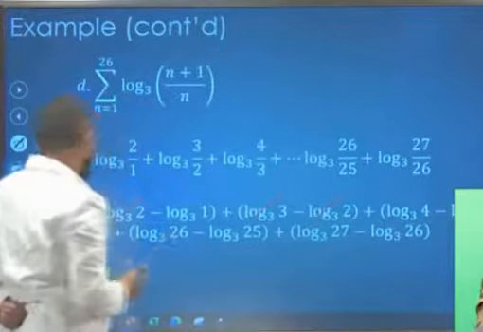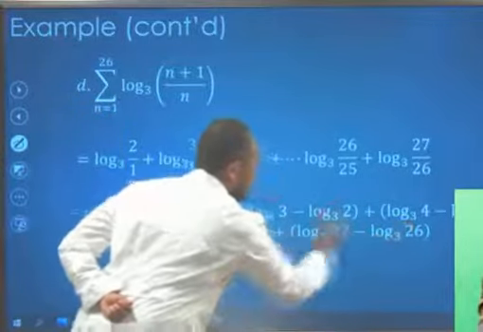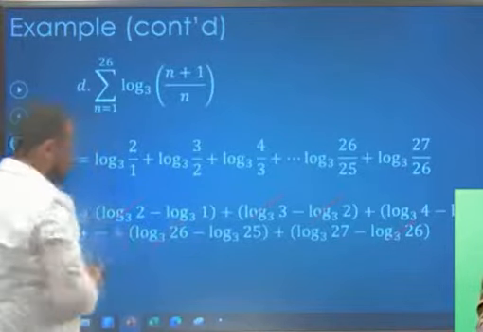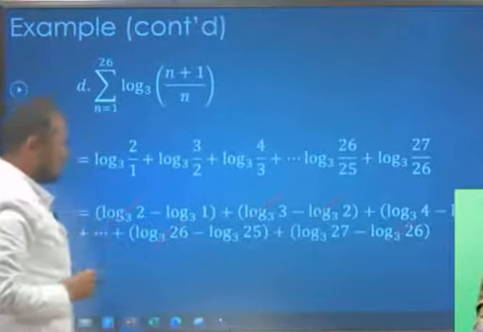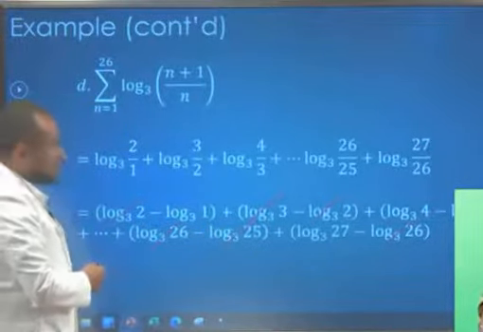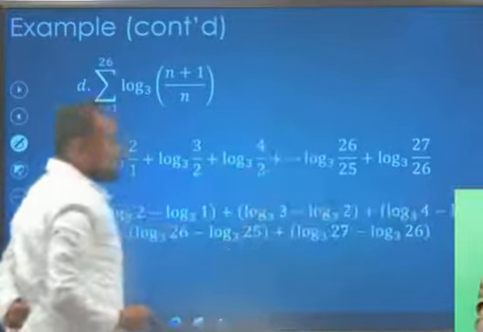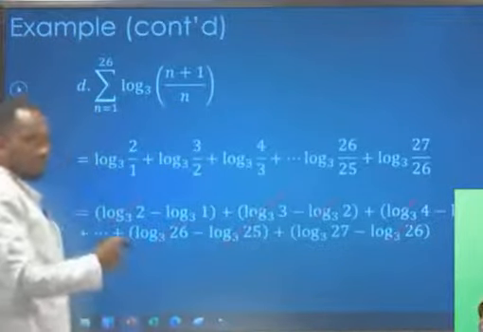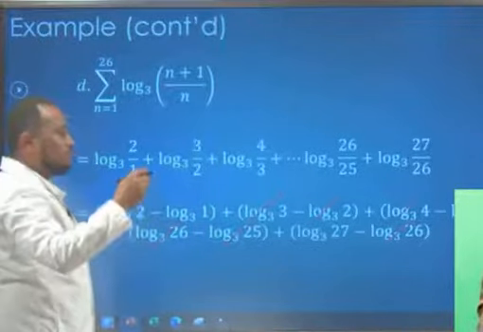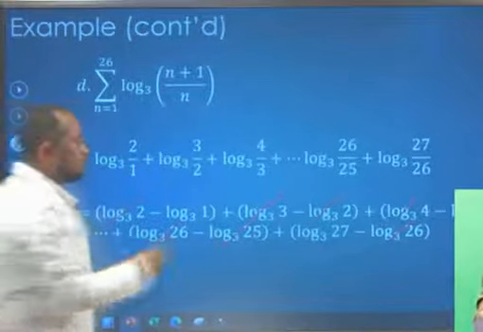If you just continue like this, the logarithm of 26 in base 3 is cancelled by the logarithm of 26 in base 3. The terms ahead of it also cancel. We have the logarithm of 4 to the base 3, and on the next term, the logarithm of 5 in base 3 minus the logarithm of 4 in base 3, so this is cancelled here.